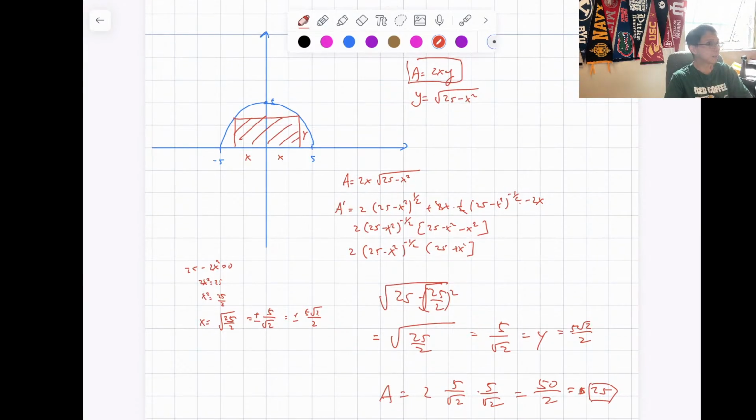Yeah, but at 5 you will not form any rectangle because it's already at the edge of the semicircle, so you will have 0 for area.